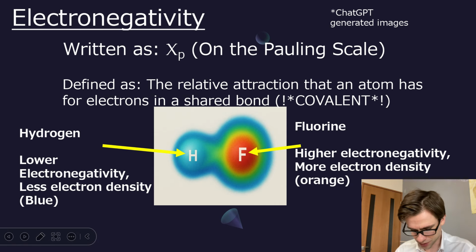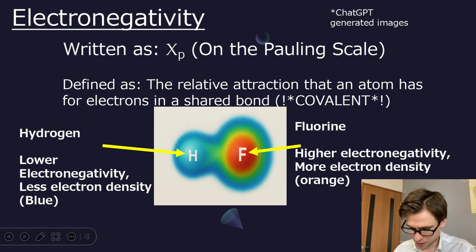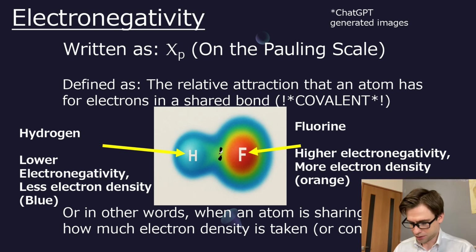If you end up drawing Lewis structures later on, quite soon actually, I usually like to draw the electron pair closer to the more electronegative atom. So there's a pair of electrons being shared, but it's way past the halfway line in between these two atoms. It's closer to fluorine instead.